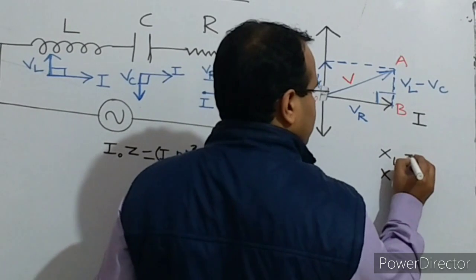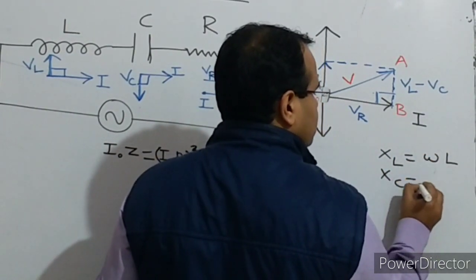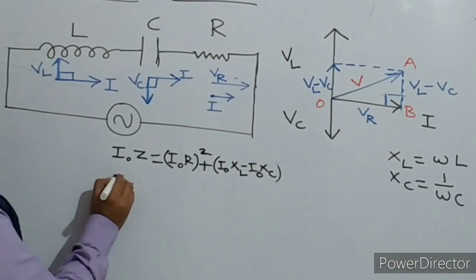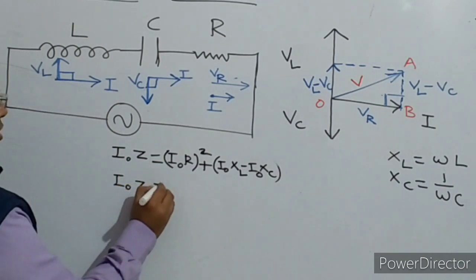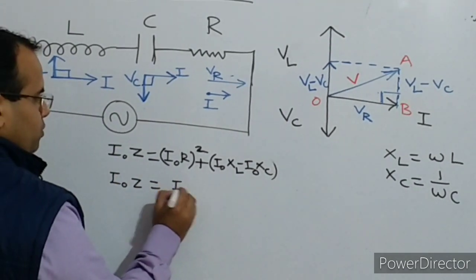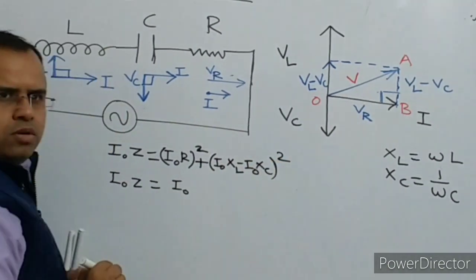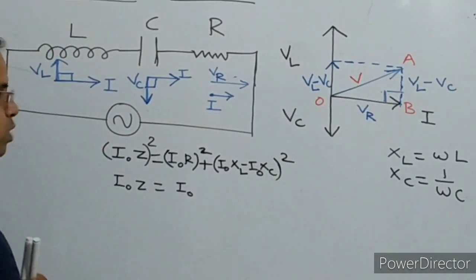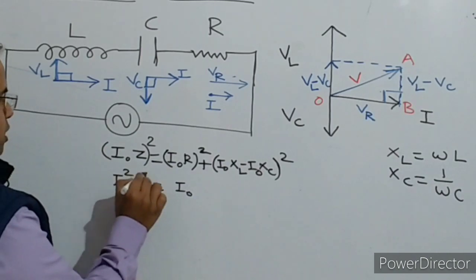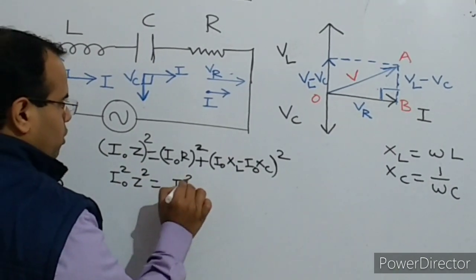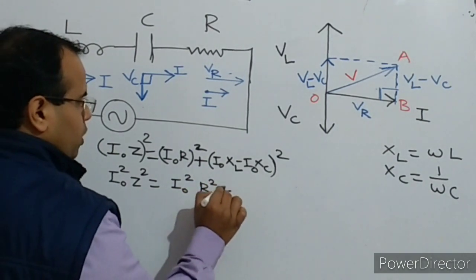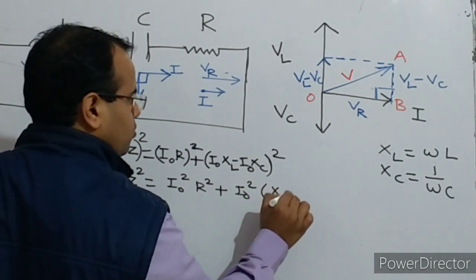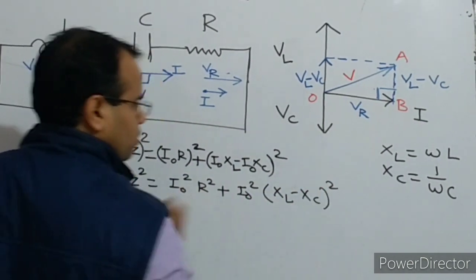Also we know that XL is equal to omega L and XC is equal to 1 upon omega C. So we can write I naught square Z square is equal to I naught square R square plus I naught square (XL minus XC) whole square.